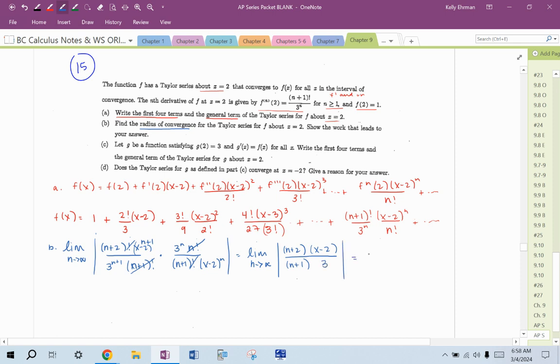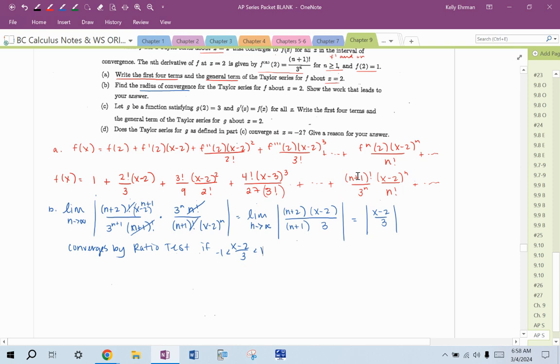And then when I take that limit, I get the absolute value of x minus 2 over 3, since the n's go to 1. And this series converges by the ratio test if x minus 2 over 3 stays between -1 and 1.